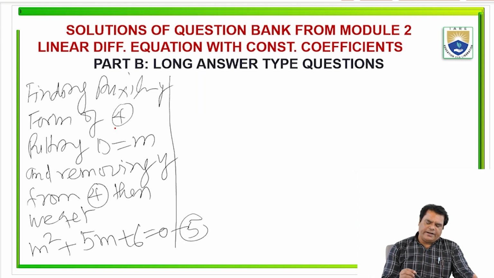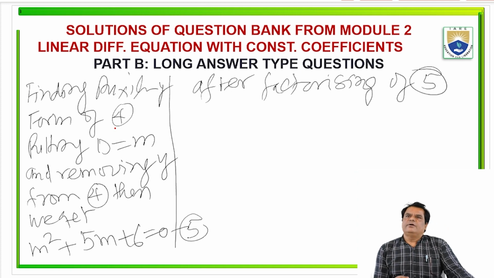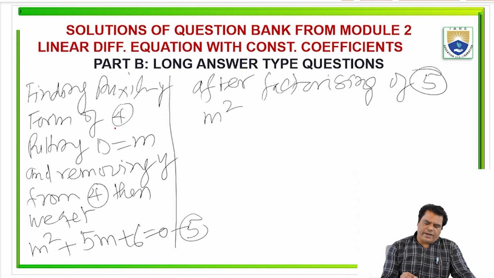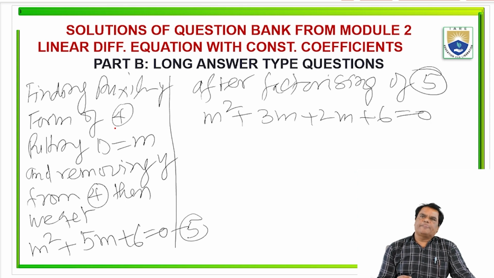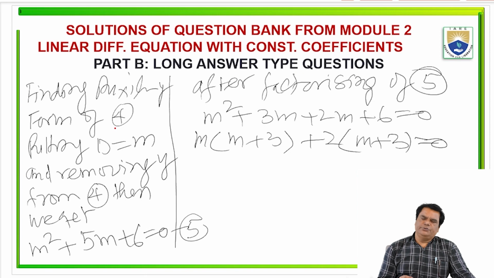Now after factorizing 5, m square plus 3m plus 2m plus 6 equal to 0. m is common, m plus 3, plus 2 common, m plus 3 equal to 0.